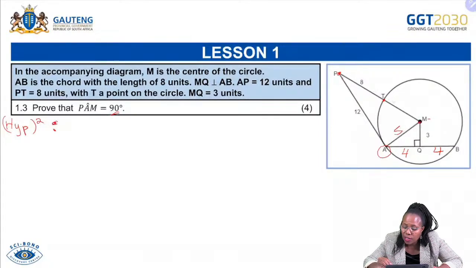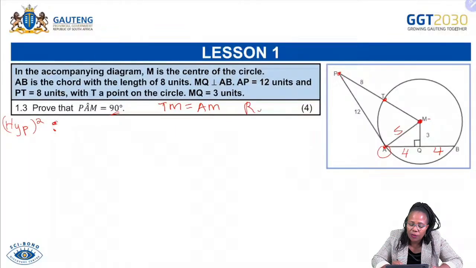We are going to start by saying, okay, TM is equal to AM. Why? Because it's a line from the center to the circumference. It's because these are radii. And that means this will also be 5 units. So this is also 5.